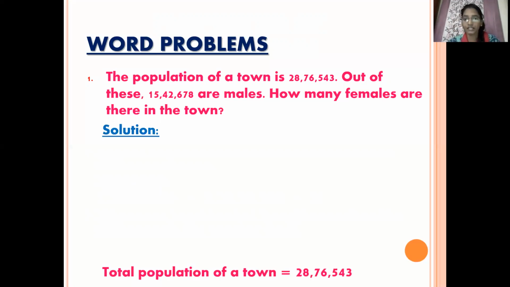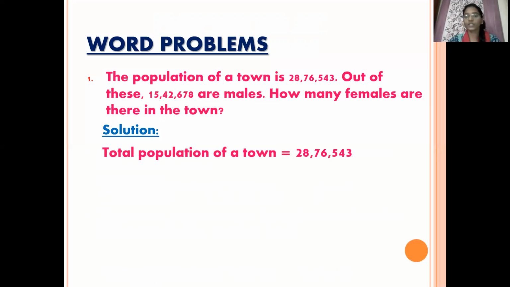In that case, let's get started with the statements first. You have to subtract, children. Total population of the town is equal to 28,76,543. Number of males is equal to 15,42,678.